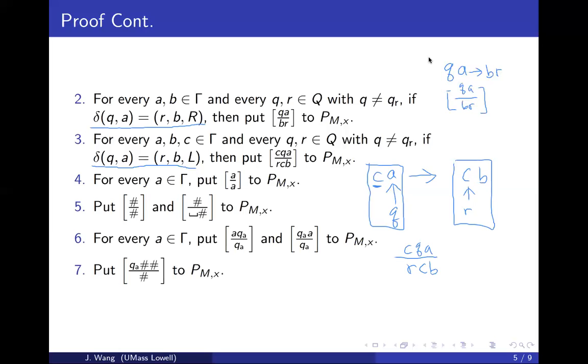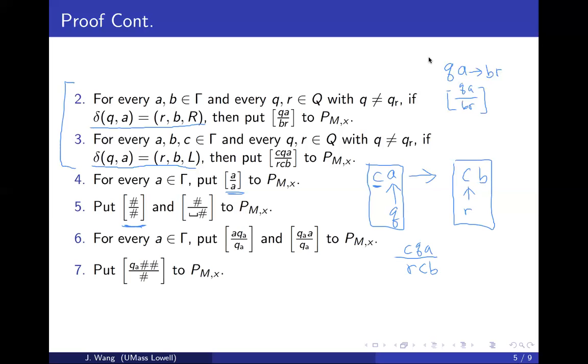So this is the transition, and then for the rest of it, we can always replicate a symbol. So this is a symbol, whatever symbol it is, we can move it up. And for the pound sign, we put this, and this pound sign is a special symbol that is not in the alphabet.